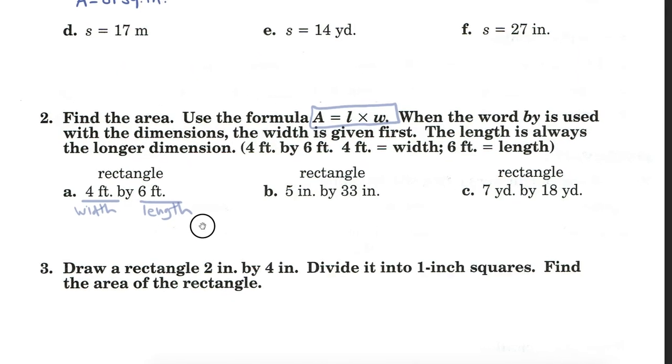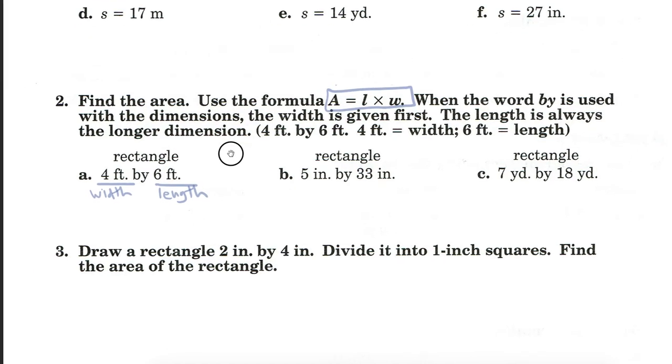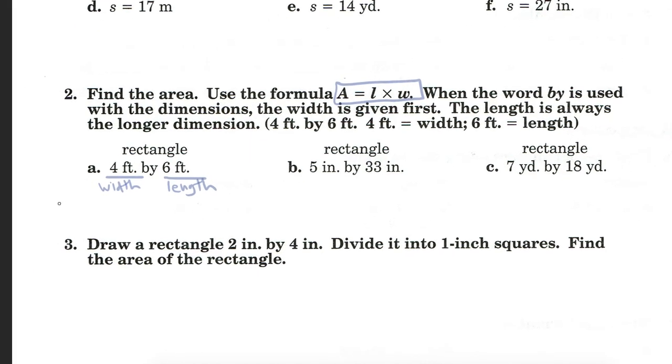All right, find the area. Remember the area of a rectangle. The formula is area equals 2 times... oh, sorry, I'm using the perimeter. Area is length times width, and we know the longest of the two is the length. So I would do 6, and then multiply that by my width, which is 4.